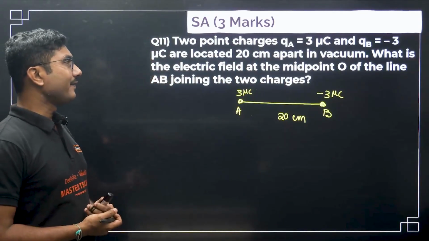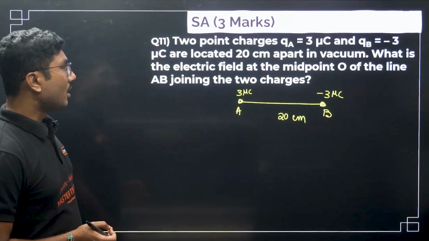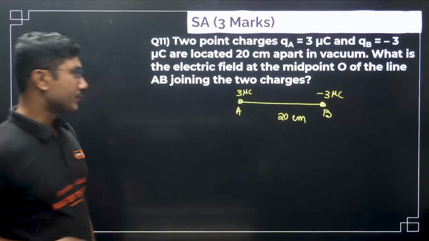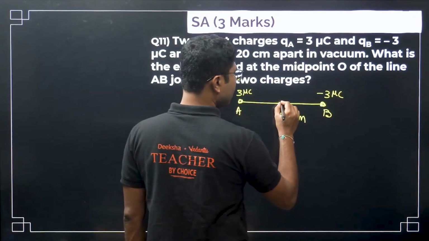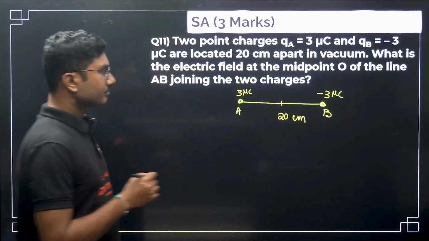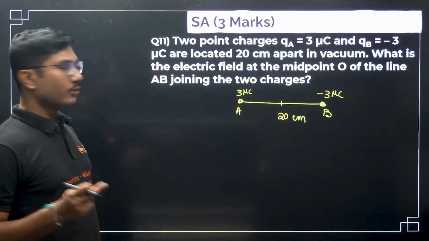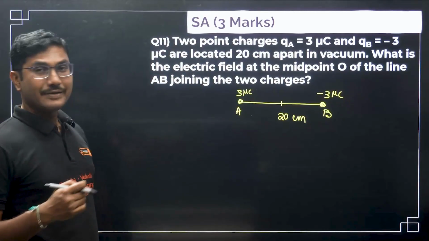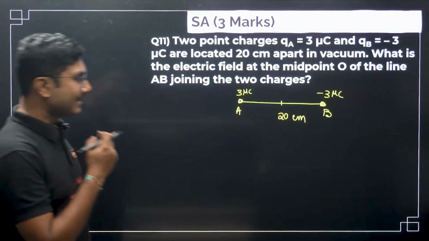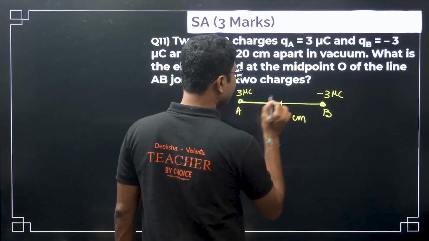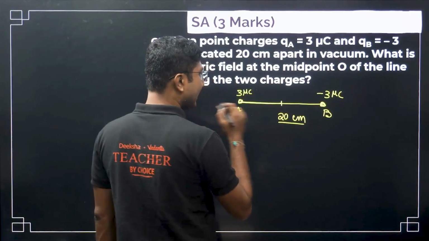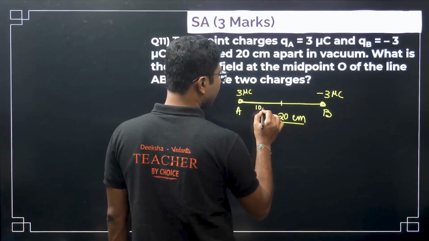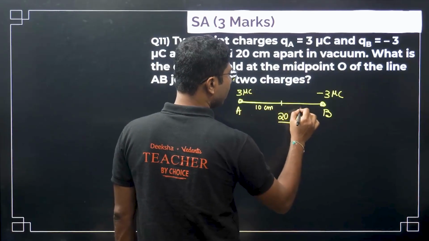What is the electric field at the midpoint O of the line AB joining the 2 charges? You have to find the electric field at the midpoint. So what is the distance of the midpoint from this charge? Total distance is 20 centimeter, that means this will be 10 centimeter, and this will also be 10 centimeter.